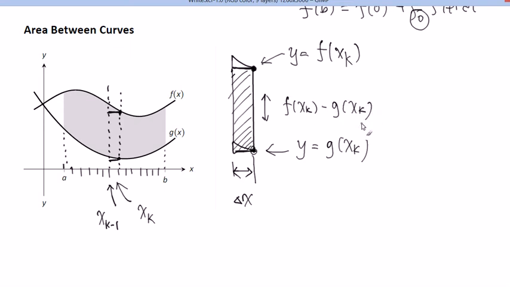This is actually true even if they are across the x-axis or completely below the x-axis. No matter where they are, if you subtract the bottom y-coordinate from the top y-coordinate, you always end up with a positive number or 0. So this is going to be always a positive number. They didn't want signed area. They actually want a positive area, right? That's one thing slightly different from what we're doing with the definite integral.